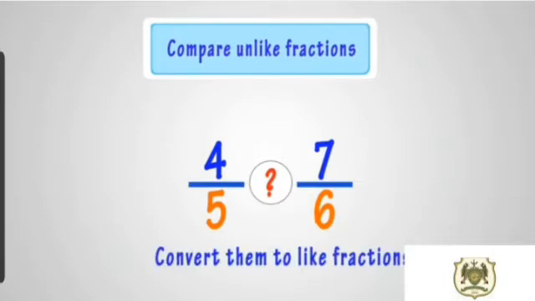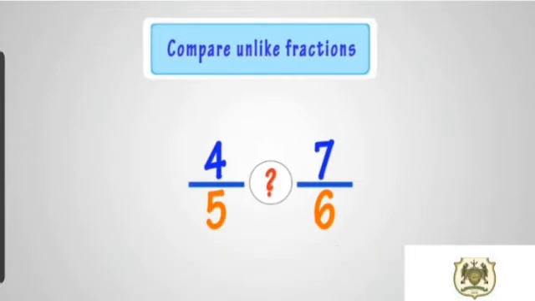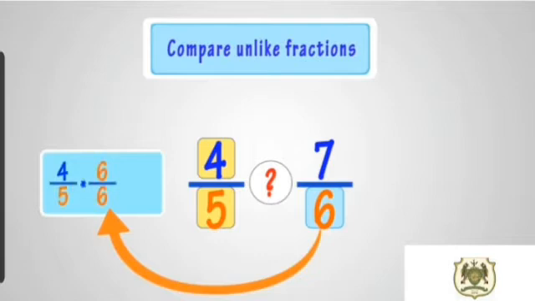To convert them into like fractions, I'm going to multiply the numerator and denominator of the first fraction by the denominator of the second fraction. Like over here, my first fraction is 4 upon 5.